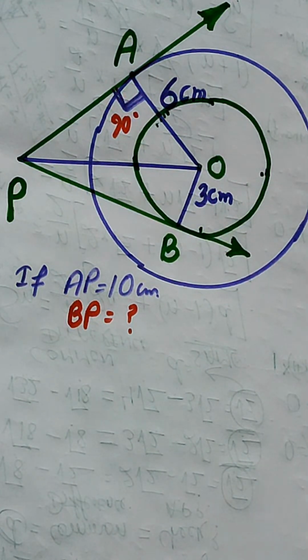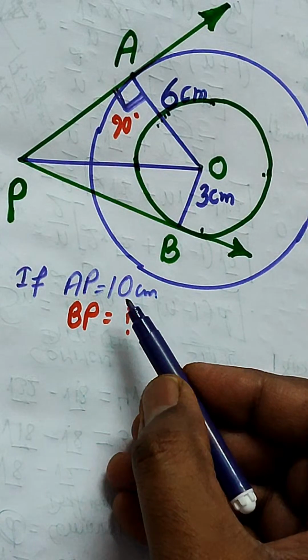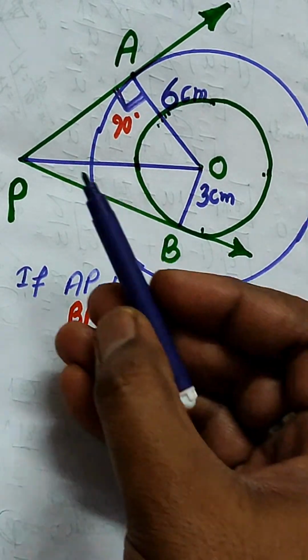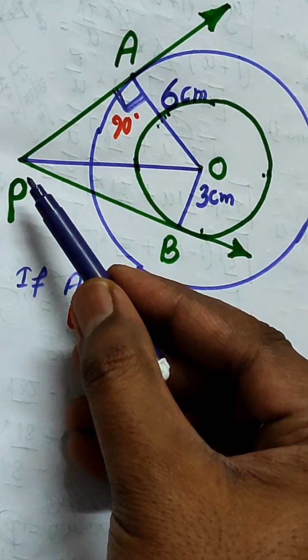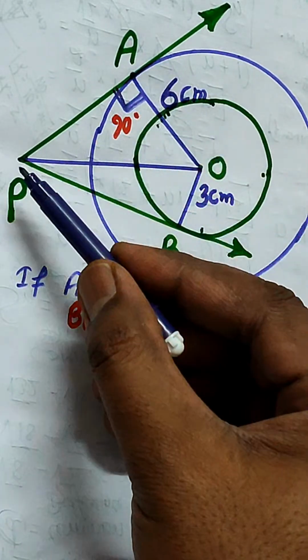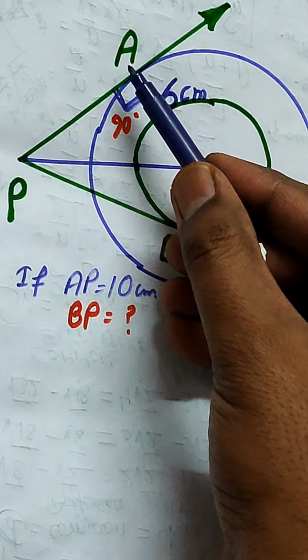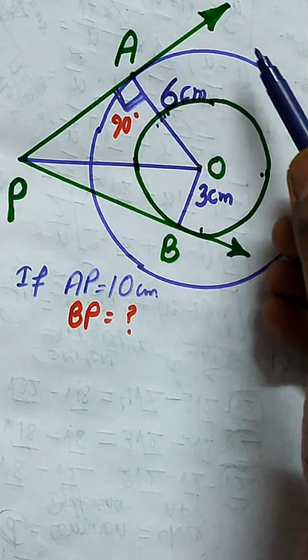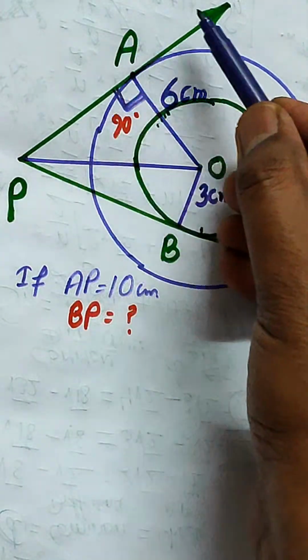So in this question, we just recall the same theorem that tangents drawn from an external point to a circle are equal. So you can see from P, PA is the tangent to the bigger circle, the blue one.